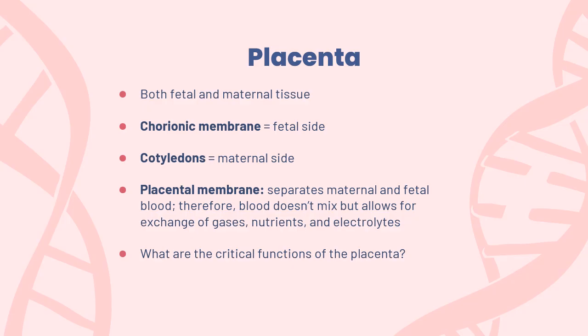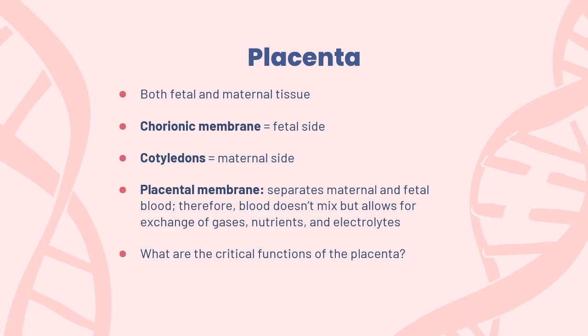So people always think, oh, mom's blood goes in there, mixes, and goes into baby. Their blood actually doesn't fully mix, and you don't really want it to mix because baby and mom can have 2 different blood types. But this placental membrane allows for exchange of gases, nutrients, electrolytes, and so on. It's a critical function of the placenta.